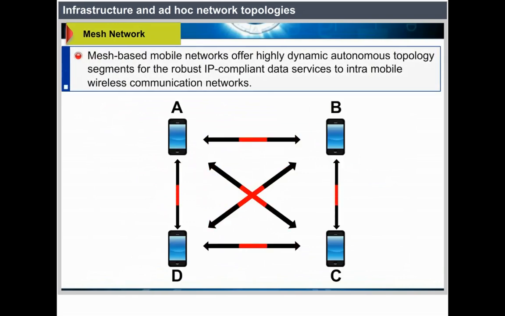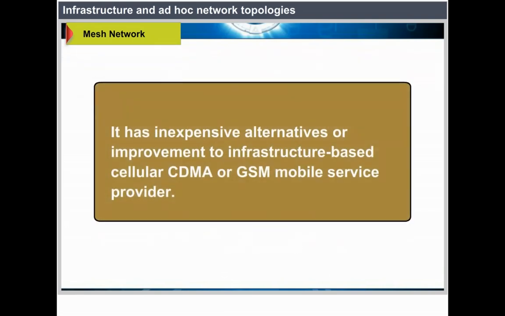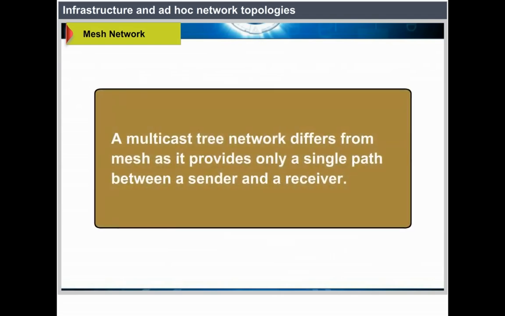Mesh-based mobile network offers highly dynamic autonomous topology segments for robust IP-compliant data services within the mobile wireless communication networks. Inexpensive alternatives or improvement to infrastructure-based cellular CDMA or GSM mobile service provider. A multicast tree network differs from mesh as it provides only a single path between a sender and a receiver.